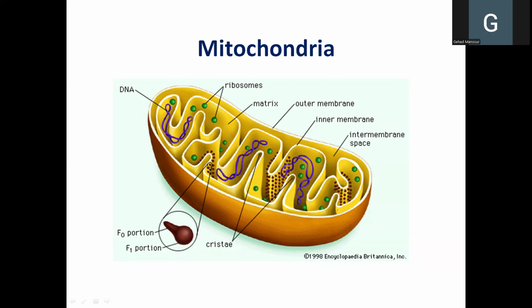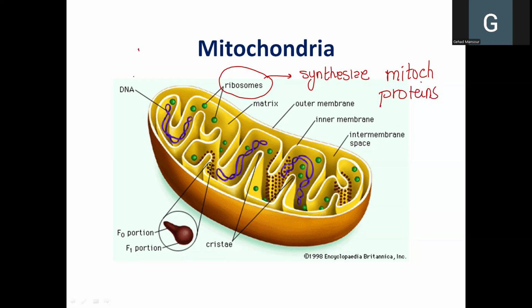What's new on this picture is what we have said before, that the mitochondria have their own ribosomes that are important to synthesize proteins as usual, but you have to specify that they are important to synthesize their own proteins, or to synthesize mitochondrial proteins, so that mitochondria can be self-dependent.